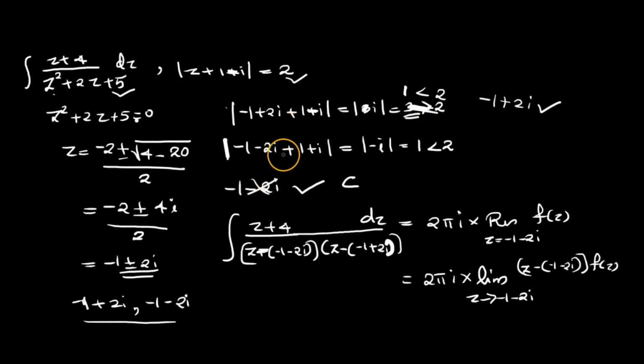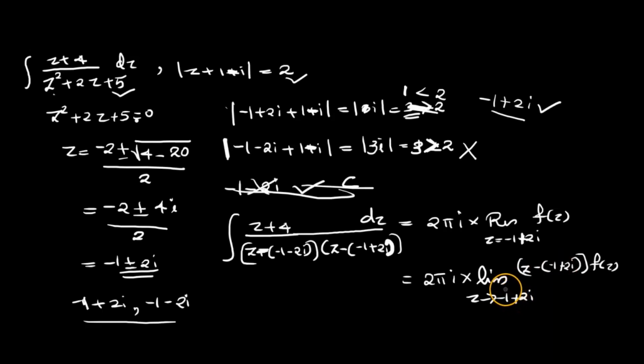Not this, this is 1 minus i. Therefore, we get −3i here. So this is 3, and 3 is greater than 2. So this is outside the circle and −1 + 2i is inside the circle. Sorry, this is my mistake, −1 + 2i.